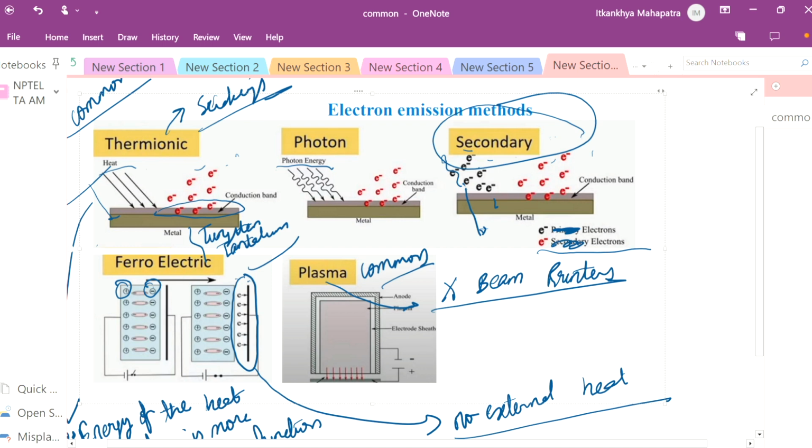Plasma is positive ions and electrons. Now here we have to separate these electrons from the plasma.